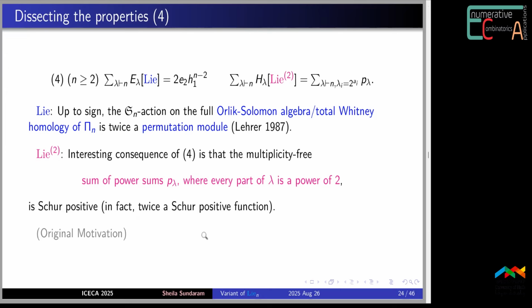So I just wanted to say here that this was actually the start of all these discoveries. My original motivation was I was looking at the character table of S_n and trying to figure out which multiplicity-free sums of power sums were Schur positive. And so it was a very circuitous route that led to surprising results.